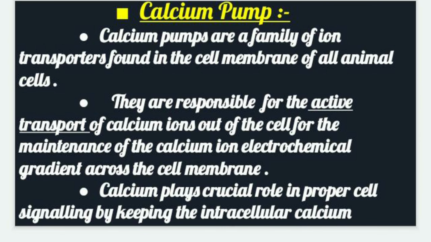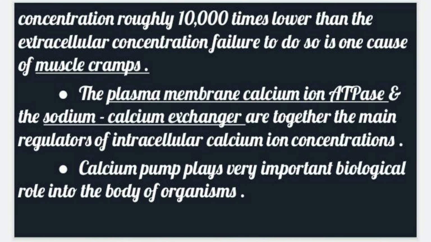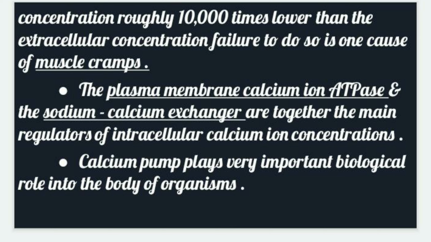Calcium pumps are a family of ion transporters found in the cell membrane of animal cells. They are responsible for the active transport of calcium ions out of the cell, for the maintenance of the calcium ion electrochemical gradient across the cell membrane. Calcium plays a crucial role in proper cell signaling by keeping the intracellular calcium concentration roughly 10,000 times lower than the extracellular concentration.